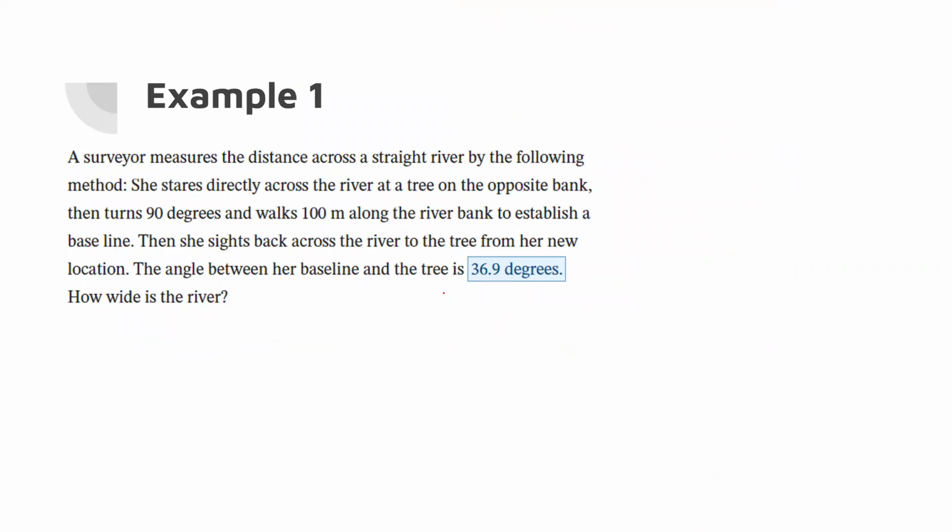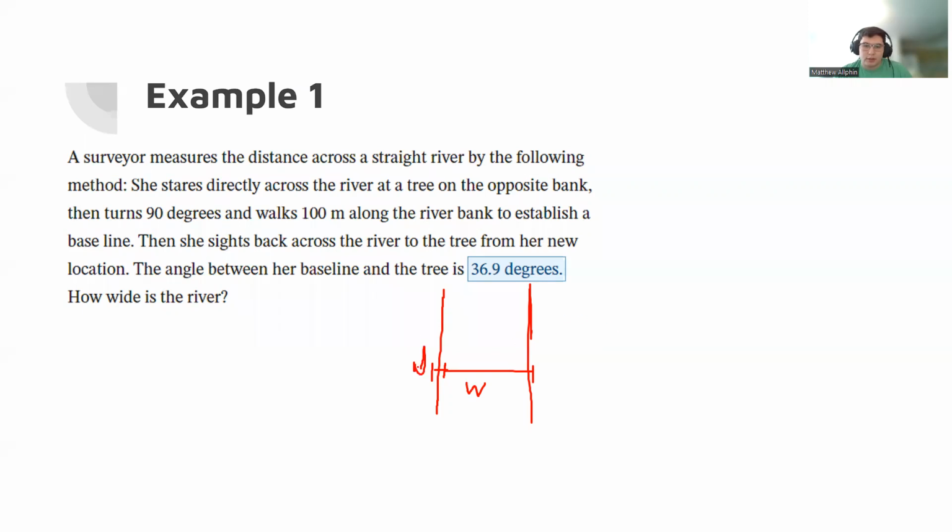First we're going to look at this problem: somebody is trying to measure the width across a river. So they're trying to measure this width approximately, like that. And they're trying to do so by measuring, there's a tree, I can't really draw a tree, but there's a tree located here.